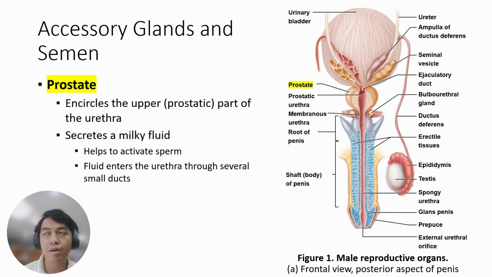The other part of the semen is produced by the prostate. The fluid of the prostate also activates the sperm.